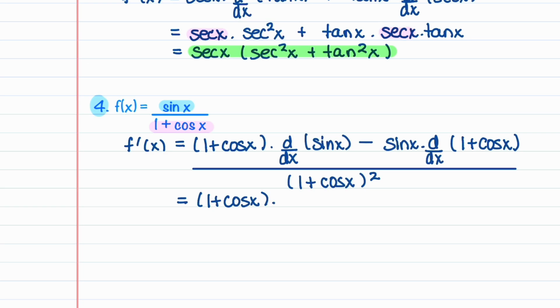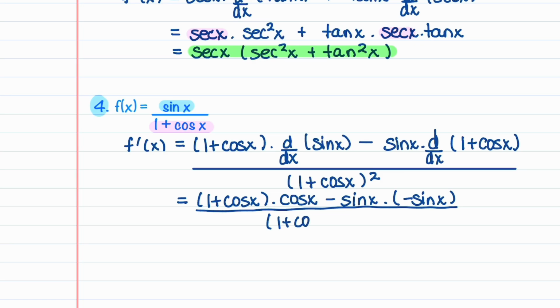The derivative of sine x is cosine x. And then we subtract off sine x times the derivative of 1 plus cosine x, which is just minus sine x. And all of this is divided by 1 plus cosine x quantity squared.